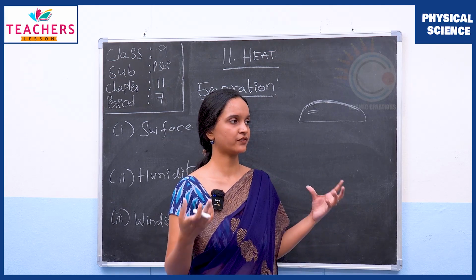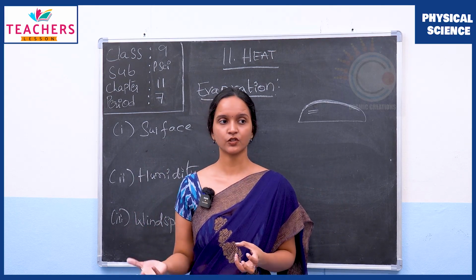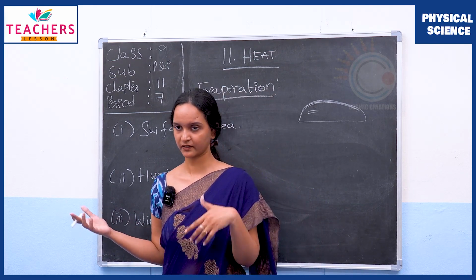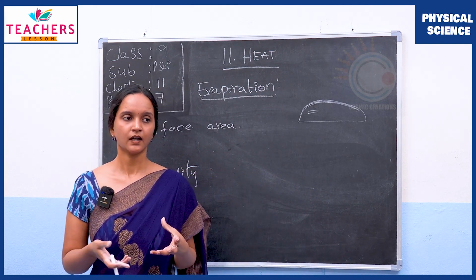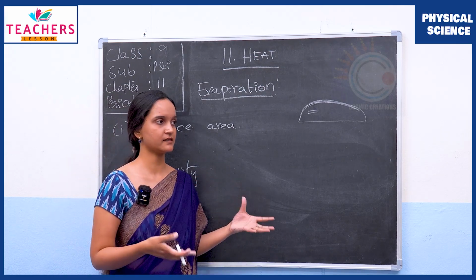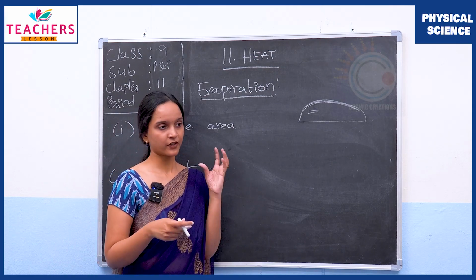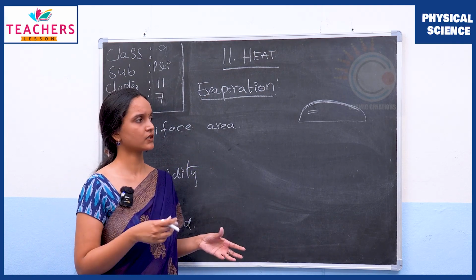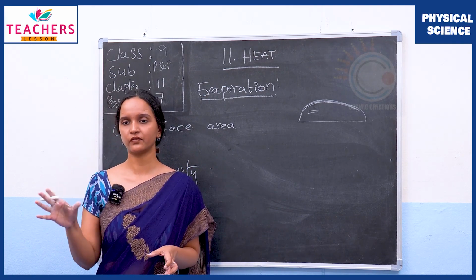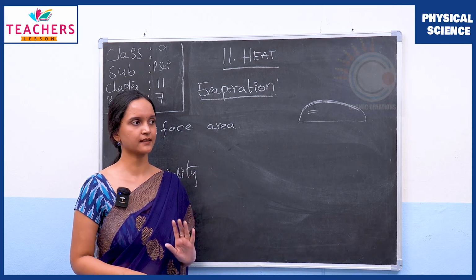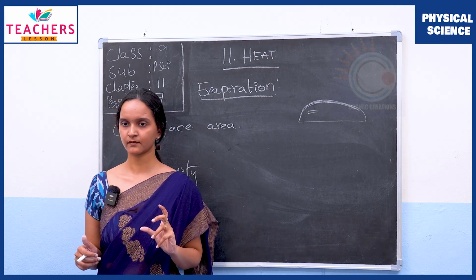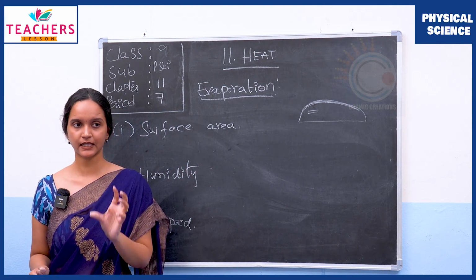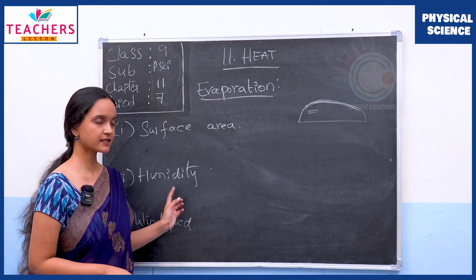This can be from the rain. This could be from the household chores that we do with the help of water. We keep washing our clothes, our vehicles. So from these water sources, some amount of water vapor would always be present in the air around us. This amount of water vapor present in the atmosphere is called humidity.